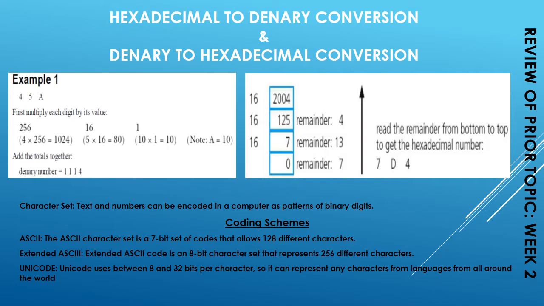Extended ASCII code is an 8-bit character set that represents 256 different characters, while Unicode uses between 8 and 32 bits per character, so it can represent characters from languages all around the world. That was the review of the topics that we covered in week 2.